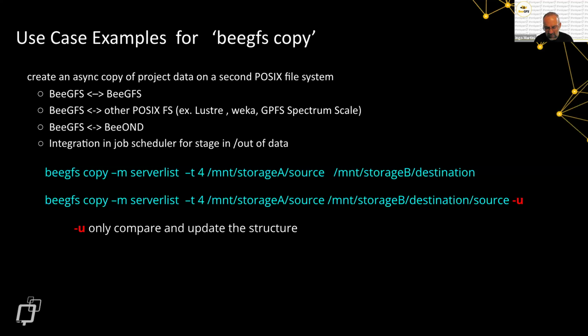And last but not least, and very important also for some kind of disaster recovery scenario where you want to do an asynchronous copy of your scratch data, for example, you can also run an update command here. That means with this command, the system will check if there are new files or files with changed timestamps, and then it will only copy the data that has changed.